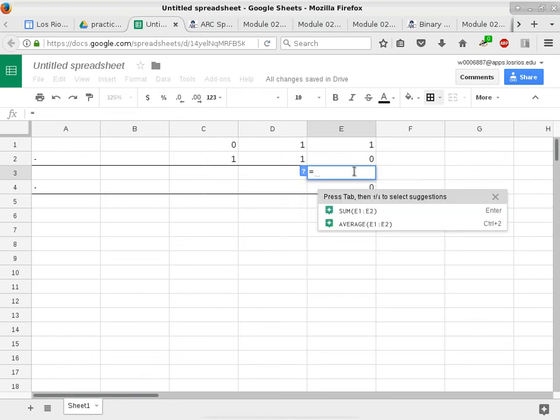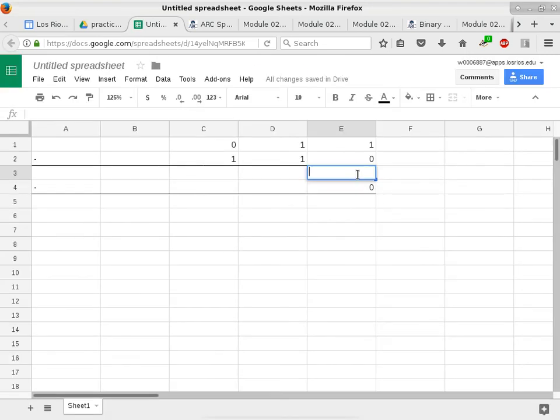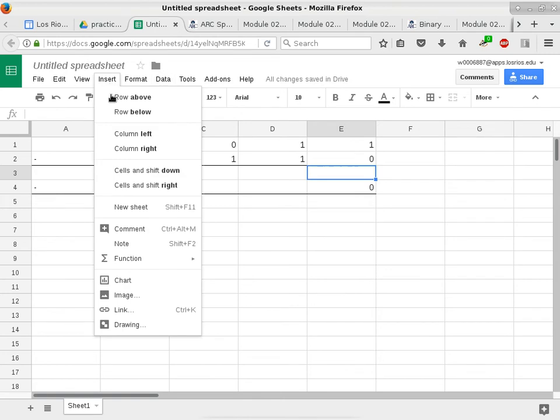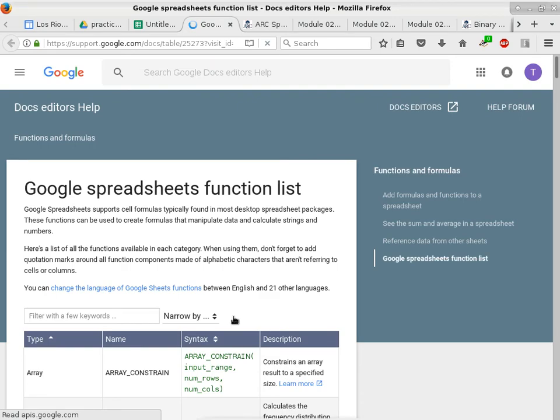It is case insensitive, so that should not matter. Okay, so if it doesn't tell me whether there's a function like that, I'm going to say insert, and then we'll insert function. There has to be a way to do it. There we go, insert function, and then we click more so that we can search for exclusive OR, something to the effect of exclusive OR.